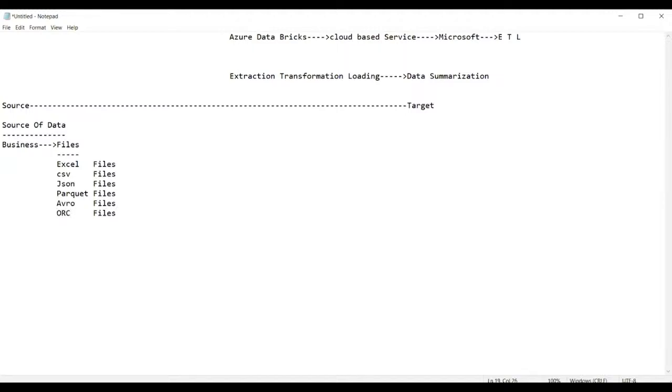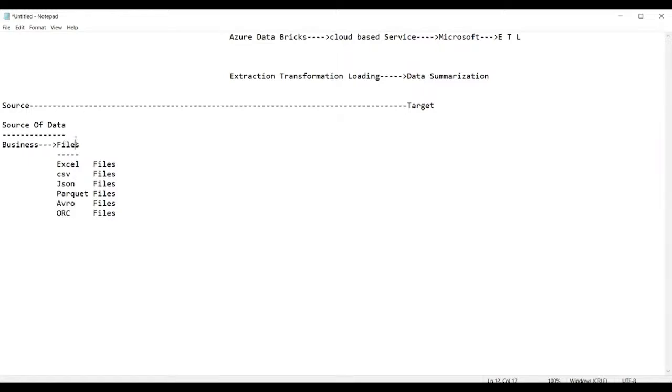That means we get the data ultimately from the business, recorded in the form of files. Anyways, don't worry about the files. Once we get into the subject, I will explain each and every file. You don't worry now.